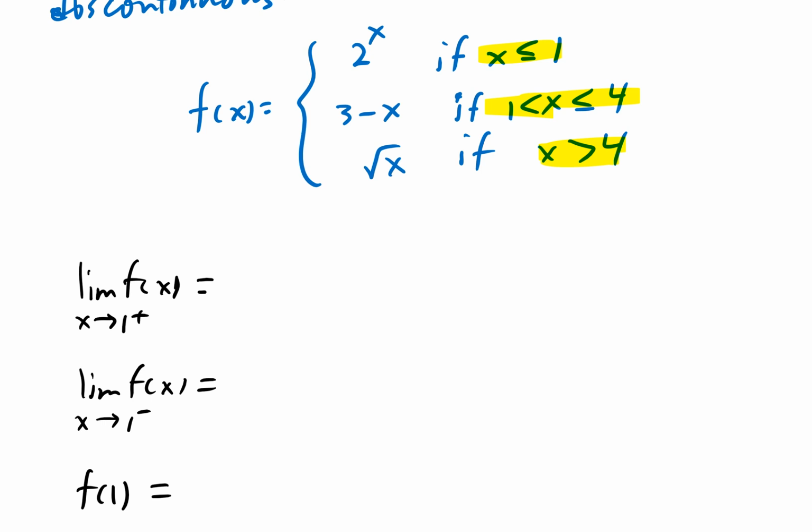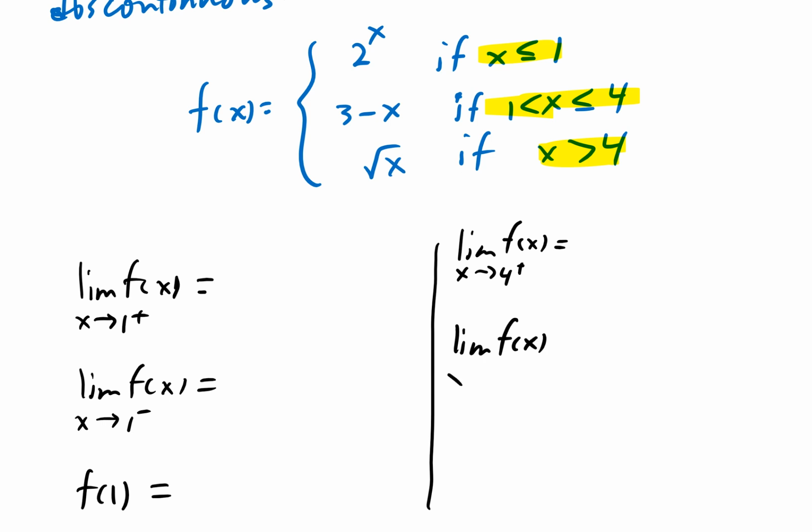So that's one of them. The other one, the same thing we do with 4: the limit of f of x as x approaches 4 from the right side, the limit of f of x as x approaches 4 from the left side, and f of 4. And let's see what you get.